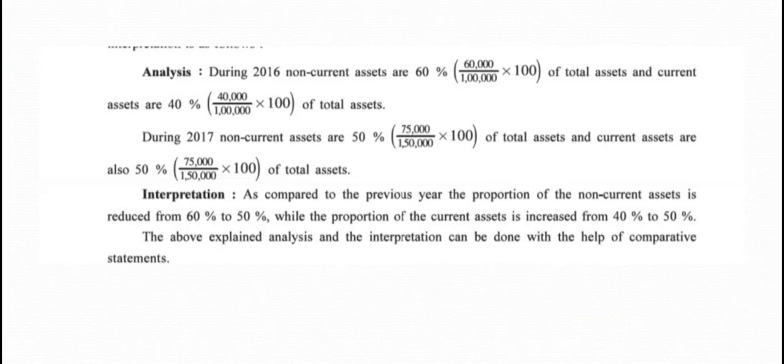Earlier the current assets were 40%, now in 2017 the current assets are 50%. So this is called interpretation. The above explained analysis and interpretation can be done with the help of comparative statement.